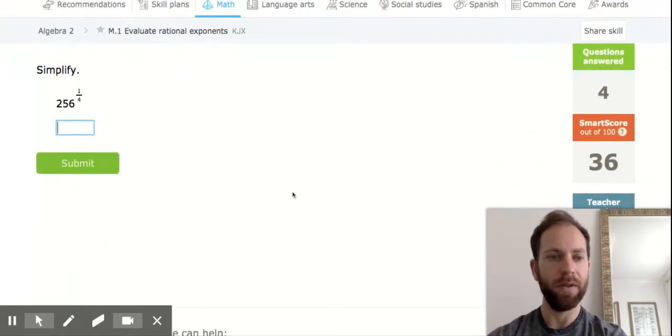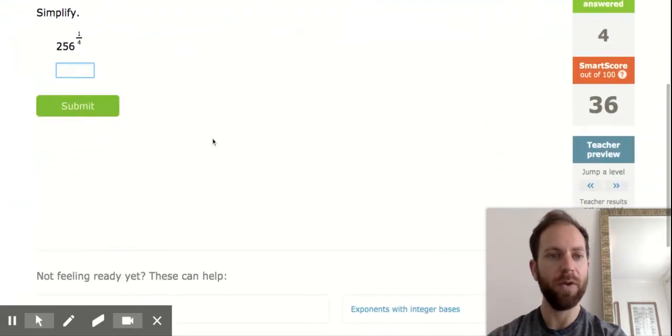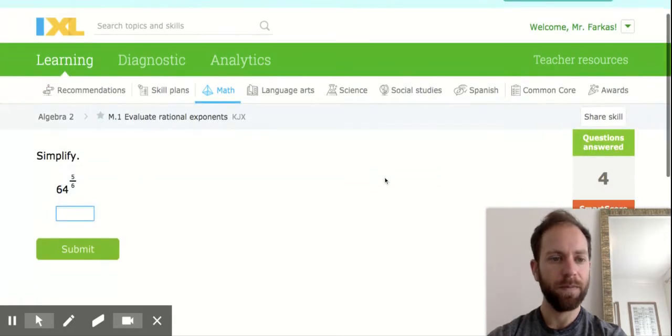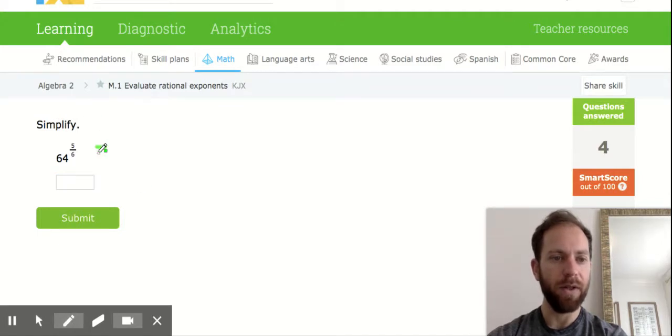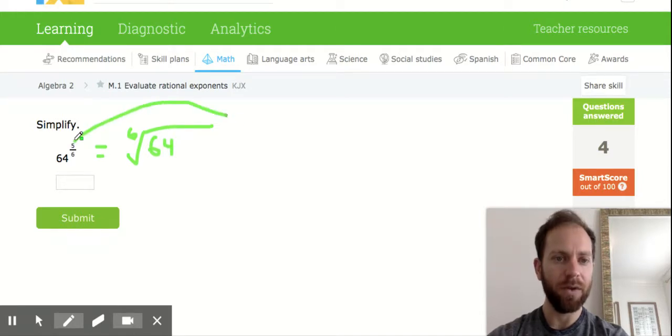Right, here we have a similar problem. We already did a 4th root. Here's something a little bit different. All right, so let's go ahead and write this out as the 6th root of 64, right? But then whatever we get, we're going to put that to the 5th power, right?